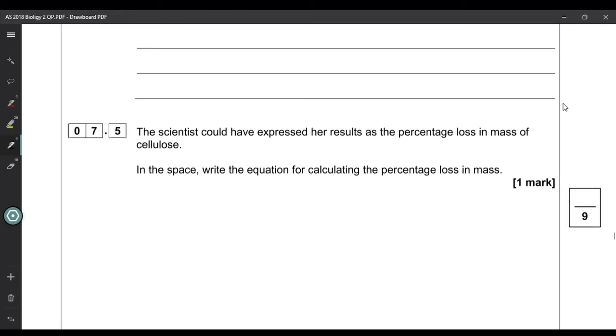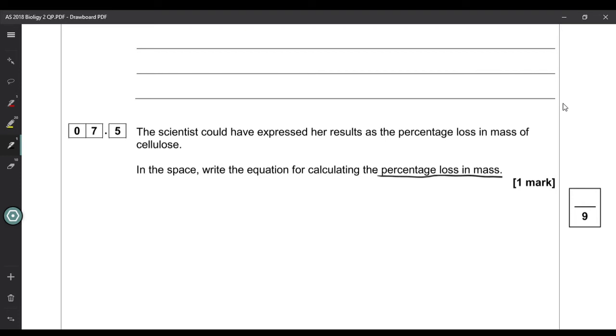So the last part of this question says the scientist could have expressed a result as a percentage loss of mass of the cellulose in the space. Write an equation for calculating the percentage loss in mass. So first we need to work out what the loss in mass is.